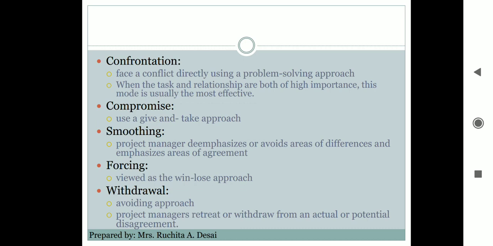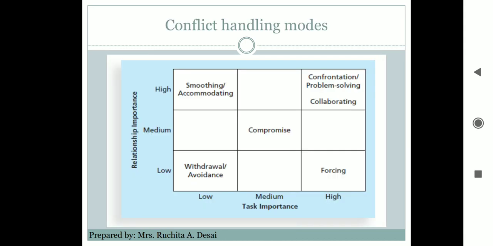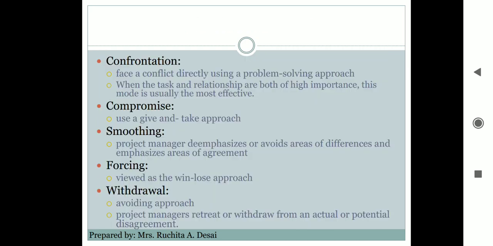When the task and the relationships are both of high importance, then this mode is usually the most effective. Here you can see confrontation, which is also called the problem solving mode. The relationship importance should be high and the task importance should be high.